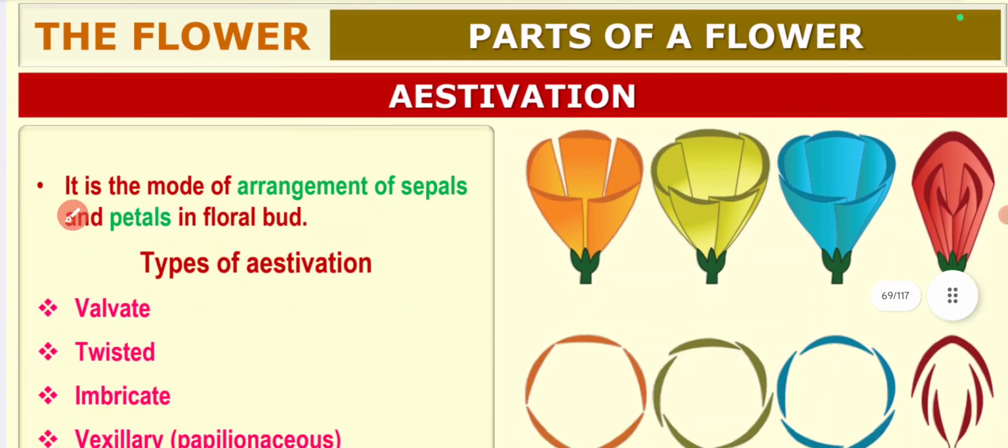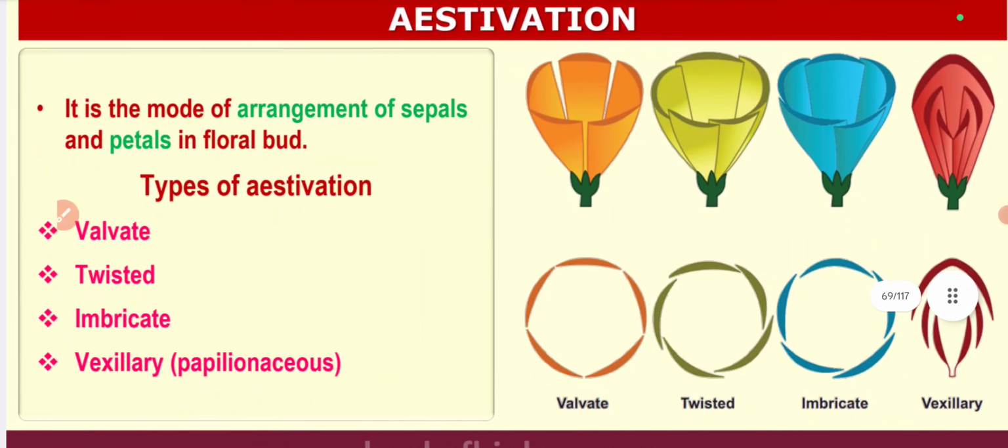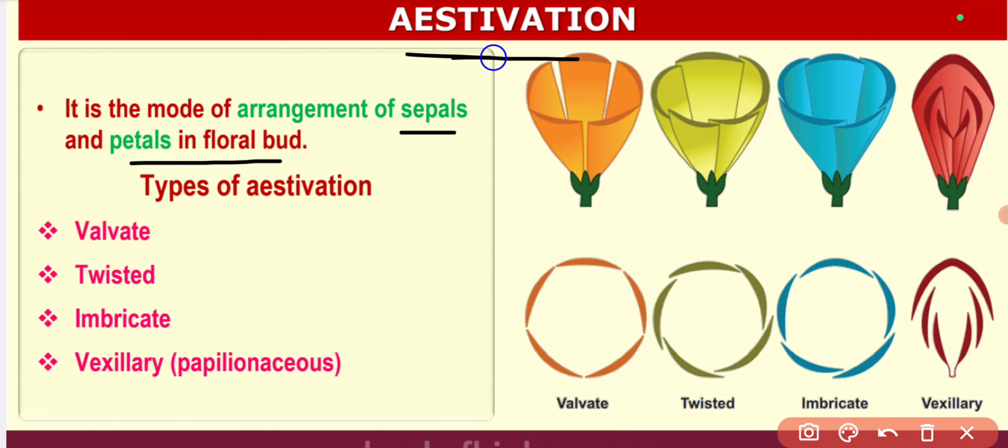Next is estivation. It is the mode of arrangement of sepals and petals in floral buds. Arrangement of sepals or petals in floral bud is called estivation. There are four different types of estivation: valvate, twisted, imbricate, vexillary or papilionaceous.